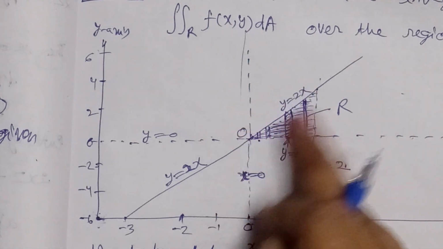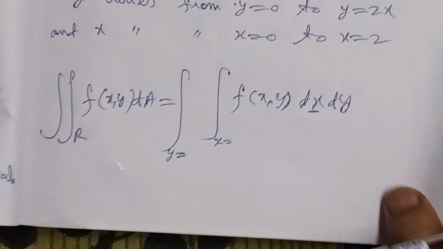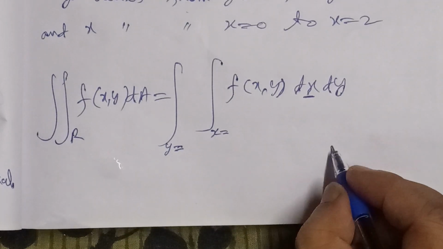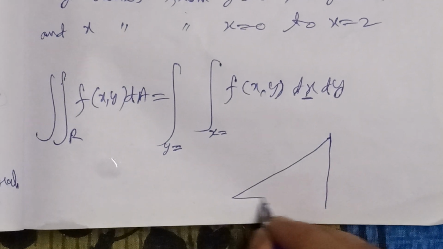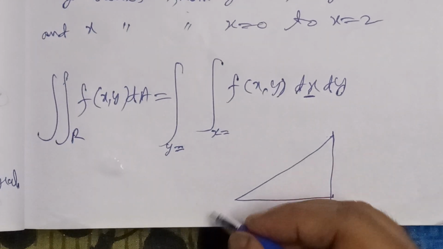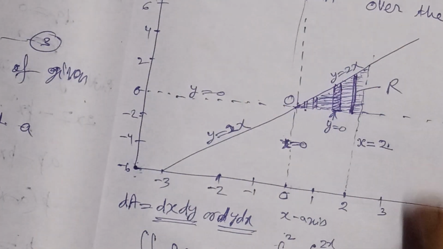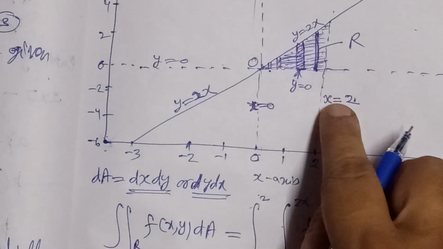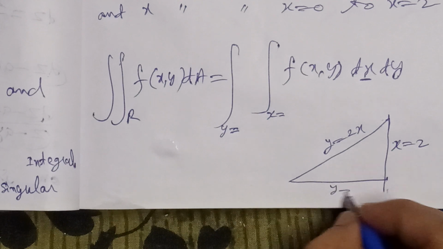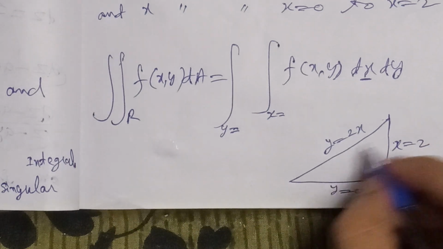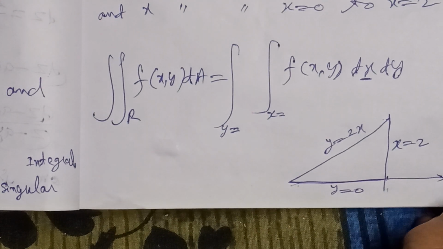I draw only the triangular region, because we know this equation y equal to 2x, and this equation x equal to 2, and this is y equal to 0.